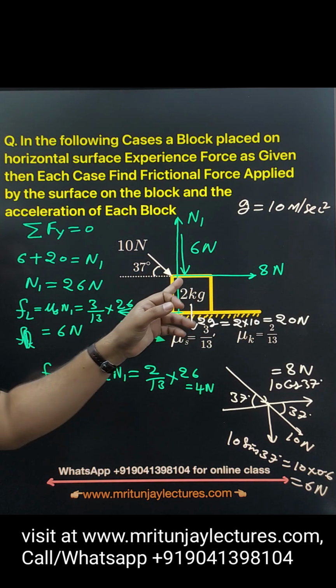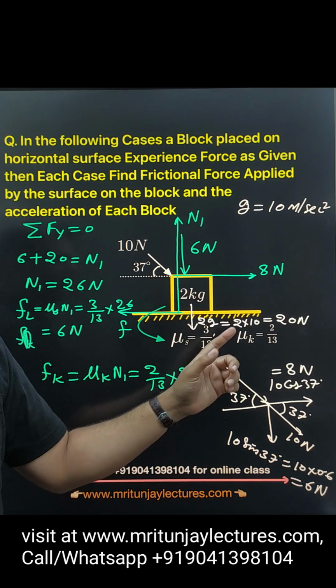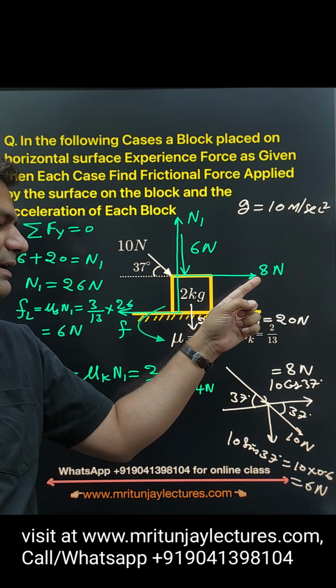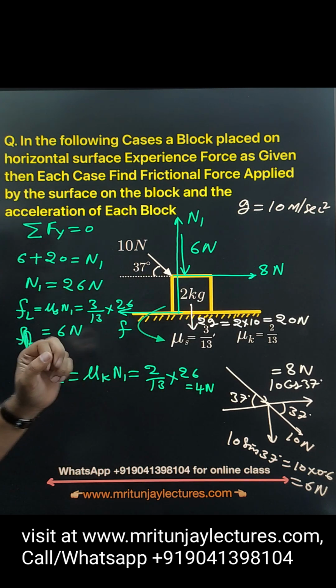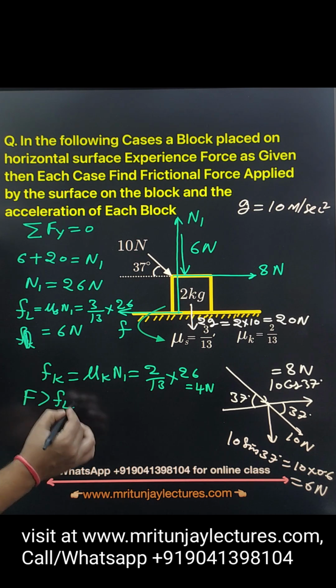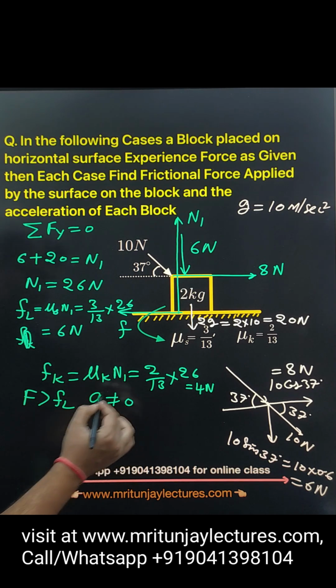If maximum frictional force is greater than driving force, then the block is not moving. But here the driving force is 8 Newton and the limiting frictional force is 6 Newton. The driving force is greater than the limiting frictional value. So the block is moving. It means acceleration is not 0.